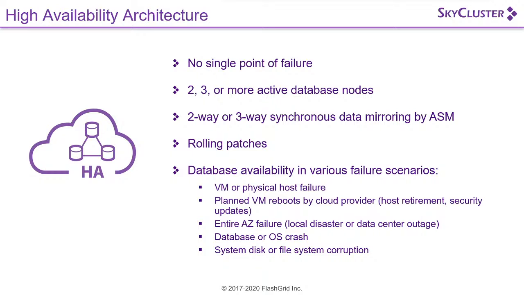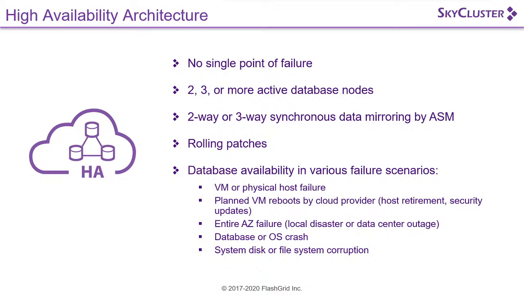So when you need to patch your database or your operating system, you still can do that one node at a time. So you don't have to have any downtime associated with patching.